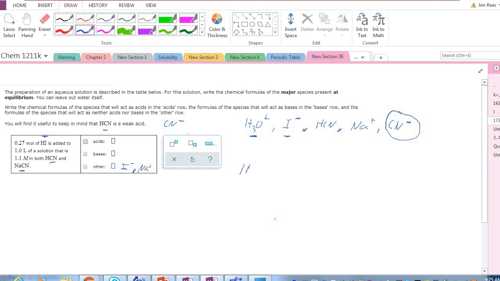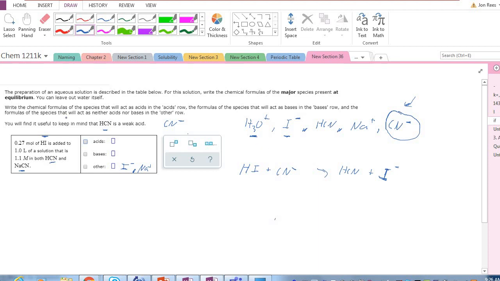And so we have some HI plus CN minus is going to then give me some HCN plus I minus. Alright, so that's the chemistry that's going on. We put this weak base in the form of a salt, which is kind of how we make buffers, right? And so that's the chemistry that I see going on.